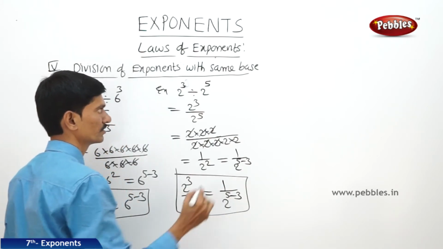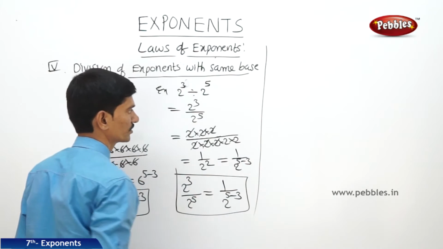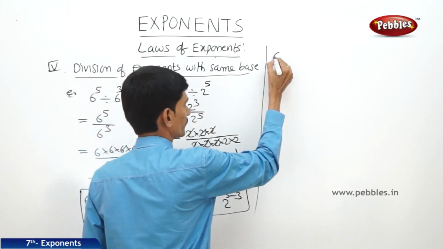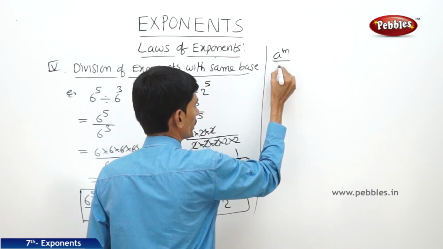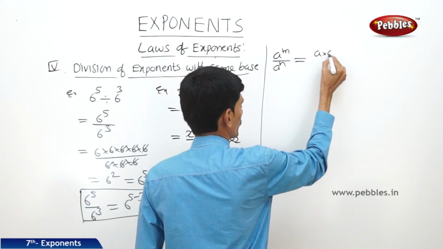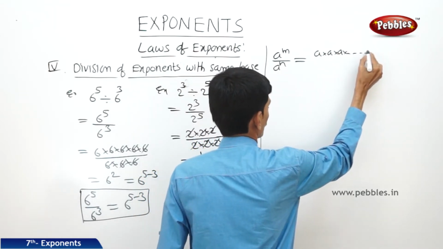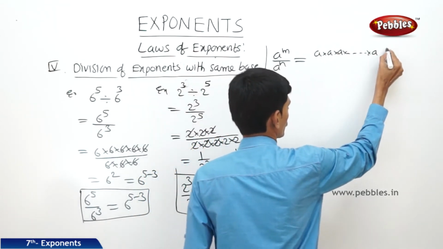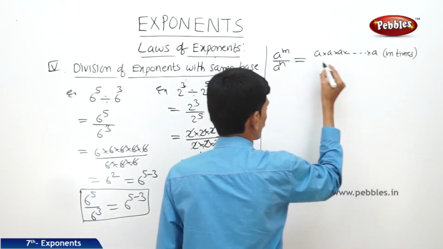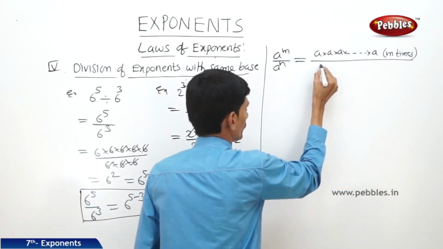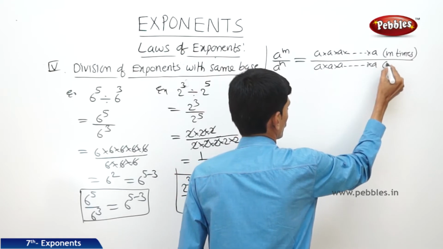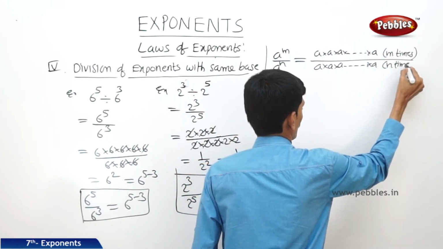Now if you generalize these two examples in terms of a, m and n, then a to the power of m divided by a to the power of n equals a into a, m times, by a into a, n times.